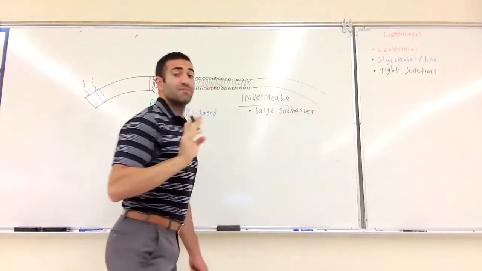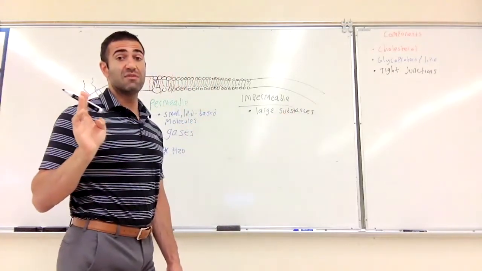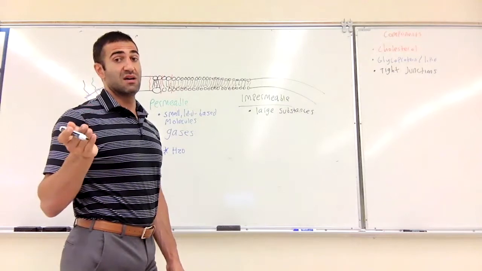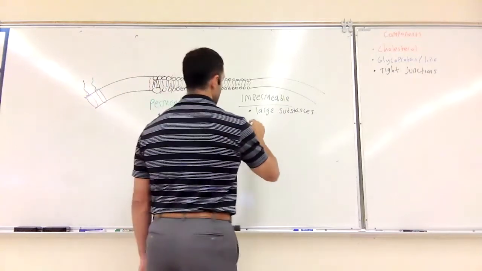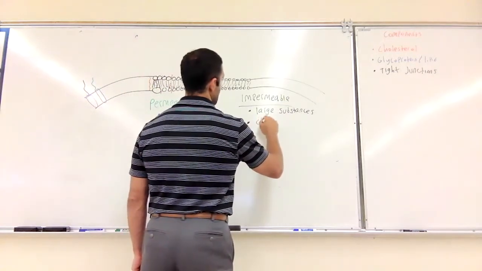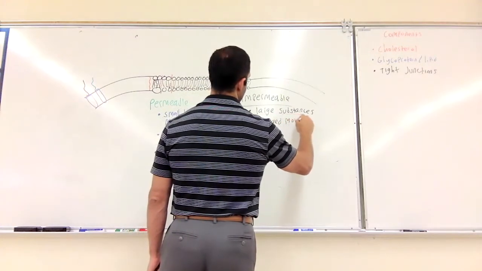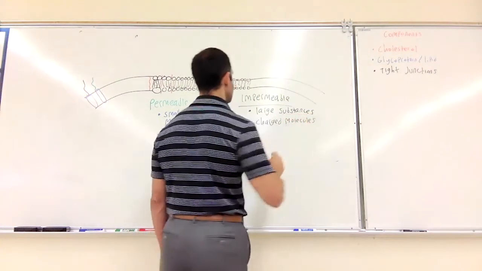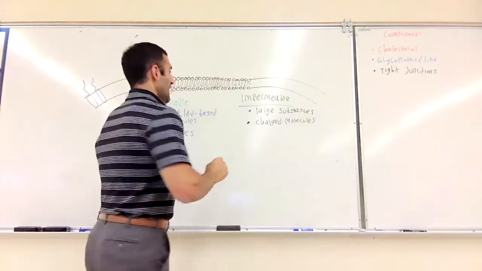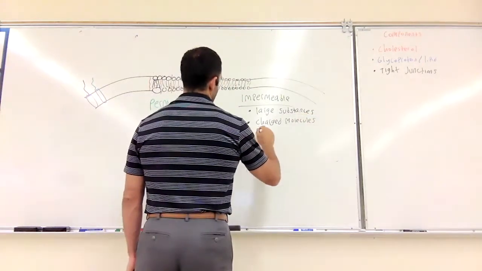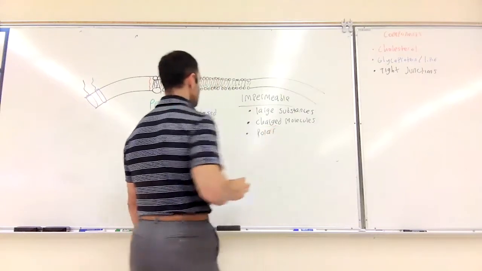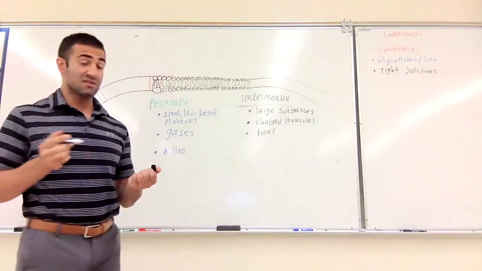And this is impermeable by itself, not counting help with channels or carriers. Charged molecules like ions, they can't go through the non-polar layer. And also anything that has polarity, anything polar, which is, of course, most things.